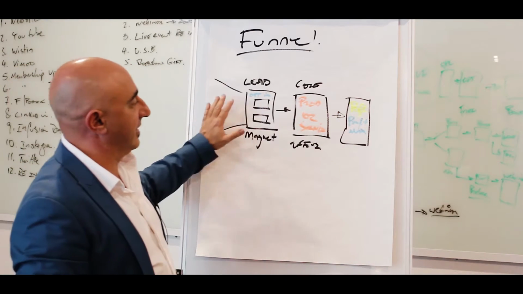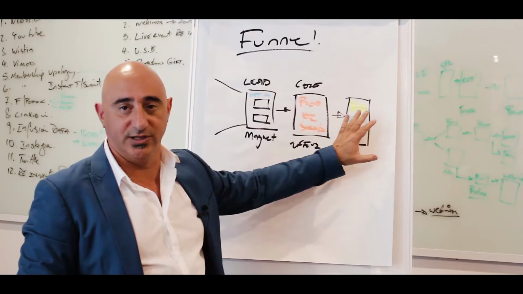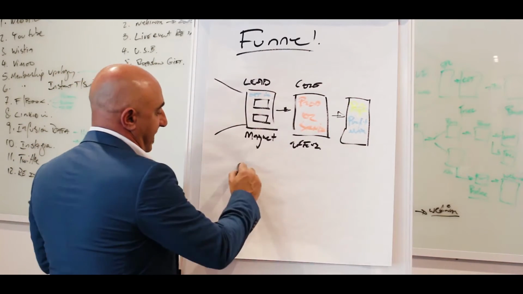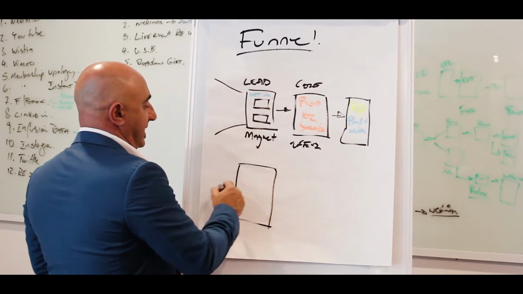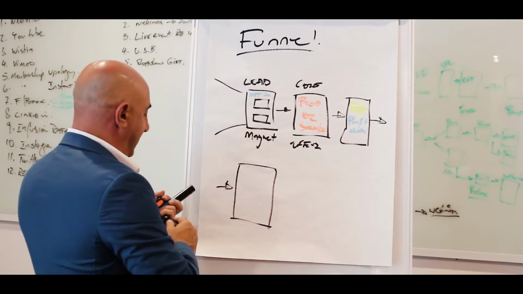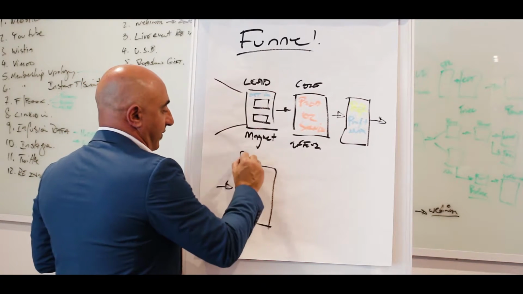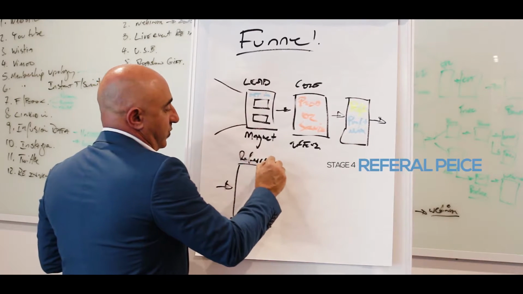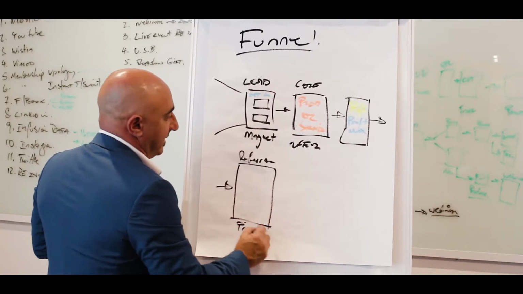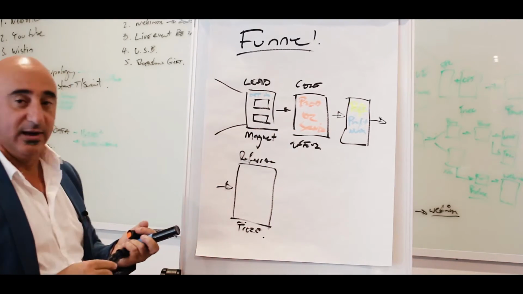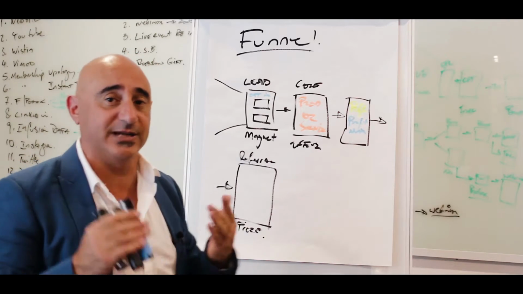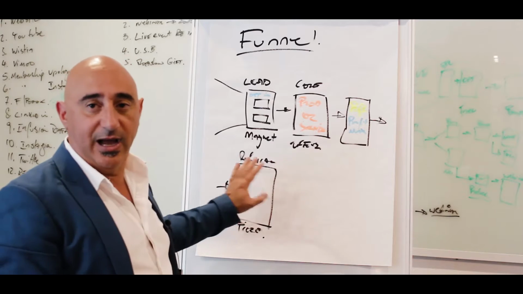So I want you to think about it, that these are the 3 main components of the funnel. Now I'm just going to add one more part to it, and I believe this part is critical as well. The next component here, I believe, is the referral piece. So once people have come in and asked about what you have, they've engaged with it, they've bought your product, and there's been an upsell with the product as well, the next part that I love the most is asking for a referral.